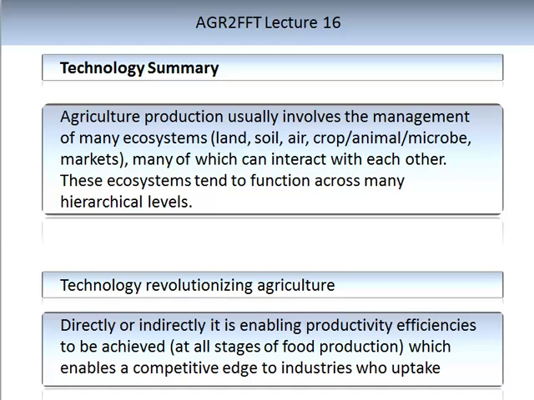Directly or indirectly, technology is enabling production efficiencies to be achieved, and this can be evidenced at all stages of food production. When technology has been successfully adopted, it can enable a competitive edge to those industries and those areas and countries that take up this technology.